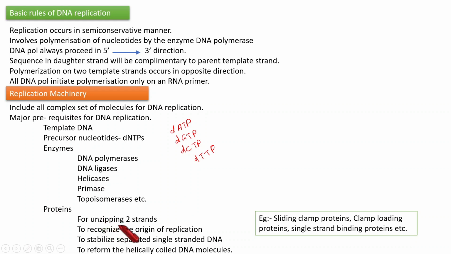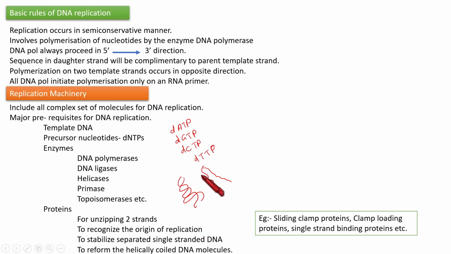For what reasons and purposes are they required here? For unzipping the two strands, we know that DNA is a coiled structure. For replication, we need to unzip it, and for unzipping, some proteins are necessary. Then to recognize the origin of replication, a small stretch of DNA that we will also learn later, some protein is required.